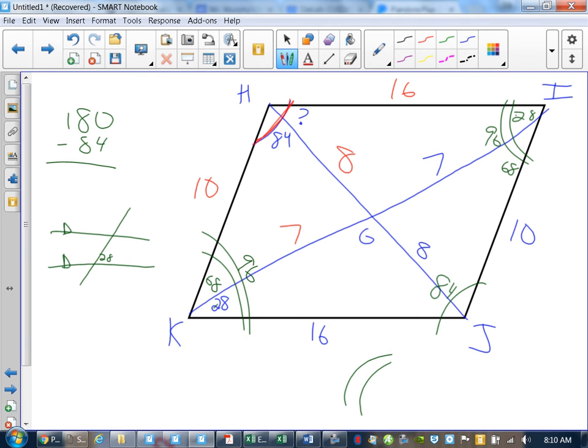Do I have an angle and a side opposite? Yes, you do. So you could build yourself out of it.